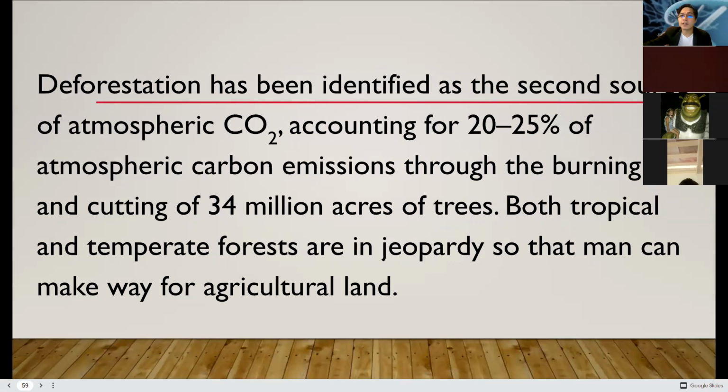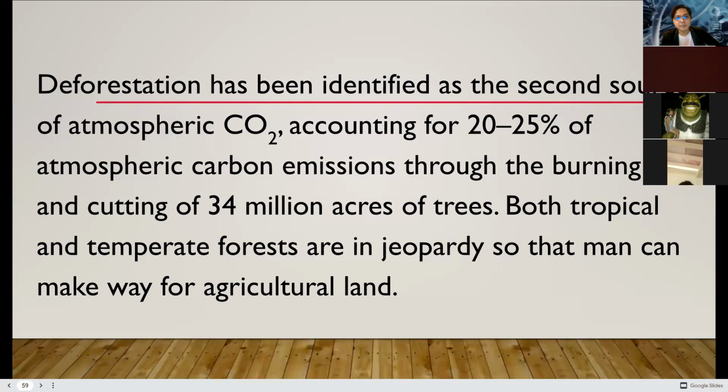Deforestation has been identified as the second source of atmospheric CO2, accounting for 20 to 25% of atmospheric carbon emissions, due to the burning and cutting of 34 million acres of trees. Remember, when you cut trees, number one, there's nothing there that will hold the land. Number two, there's nothing there that can perform photosynthesis. We cannot use the CO2 because we cannot perform photosynthesis.